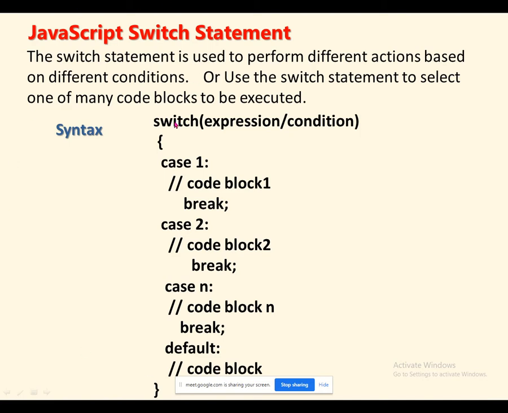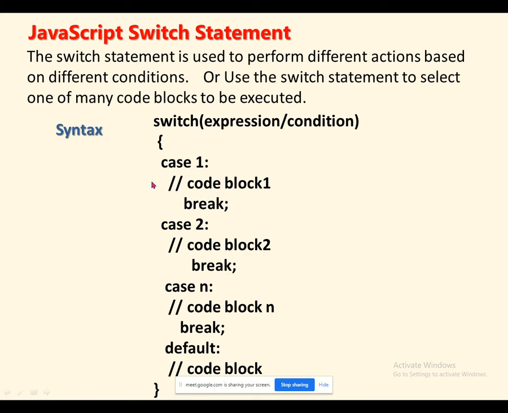See here, in switch cases, how many options do you want to give the user? Case 1, case 2, case 3, 4, 5, up to case n. Why am I writing n? Because you can add any number of cases one after another. You gave option 1, 2, 3, and your program works according to the condition. If the condition is satisfied by case 1, then this particular block will get performed.